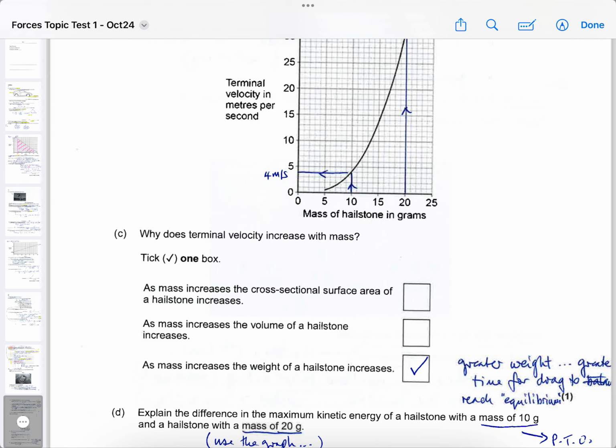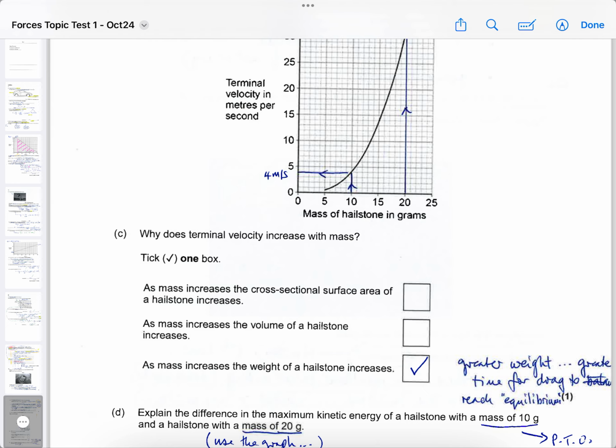The first one says as mass increases, the cross-sectional surface area of the hailstone increases. Well, if that happens, then there'll be more air resistance. I'm not sure that's the correct answer. If it has a greater surface area, it will create more drag, because the area is one of the factors that affects the drag force.